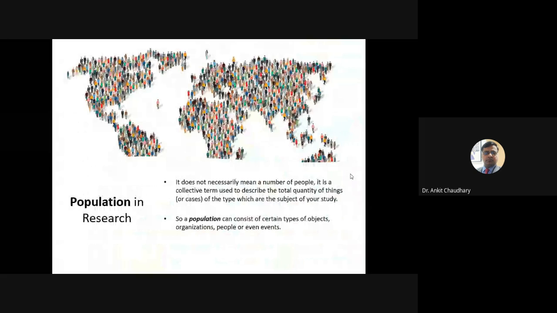So we were talking about the population and how the research happens. When we look at our population size these days, it is much more than the population of this country, or much more than the population of the world.